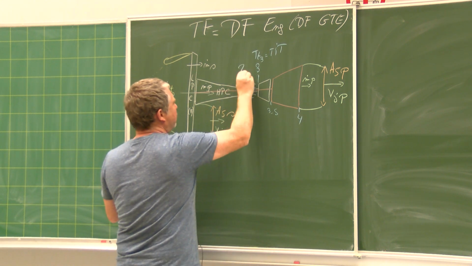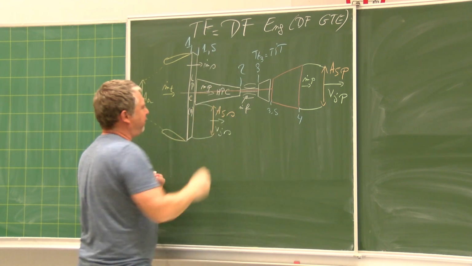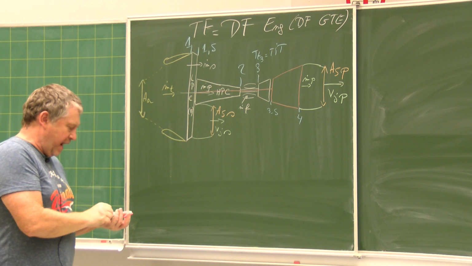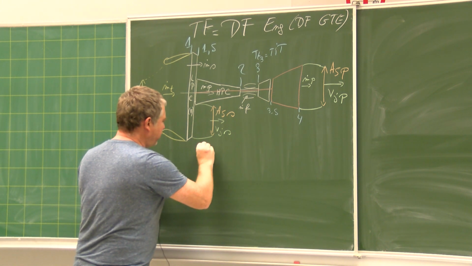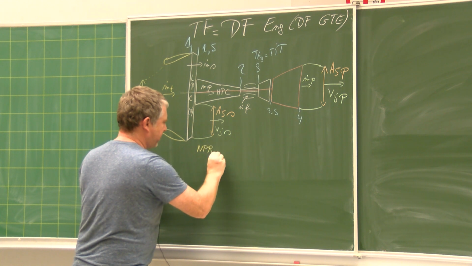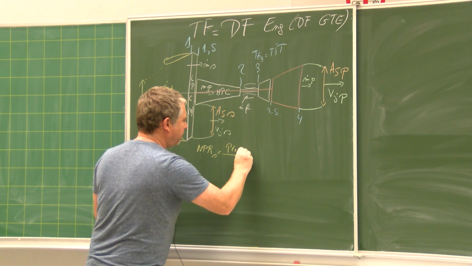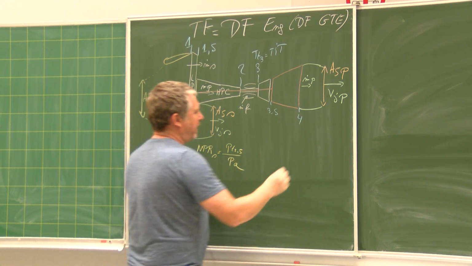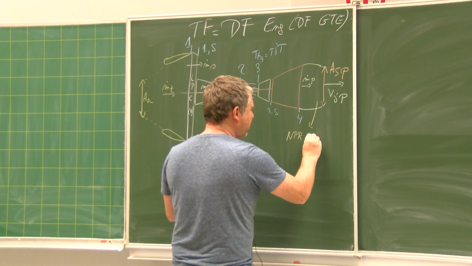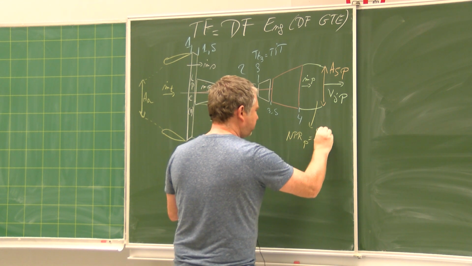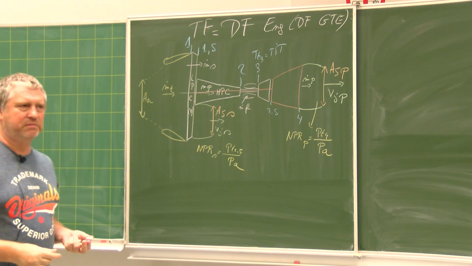This is still the section 2. This is still the section 1. And this section is the section 1.5. And you have also, as I indicated last week, two nozzle pressure ratios. A nozzle pressure ratio secondary, which is equal to PT1.5 divided by PA. And here you have a nozzle pressure ratio primary, which is equal to PT4 divided by the same PA.